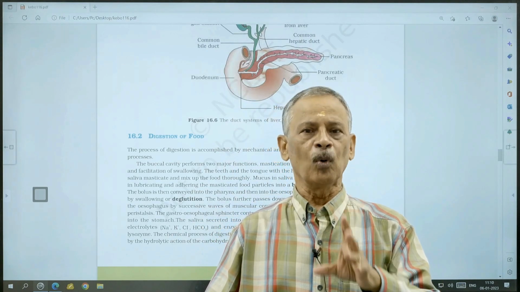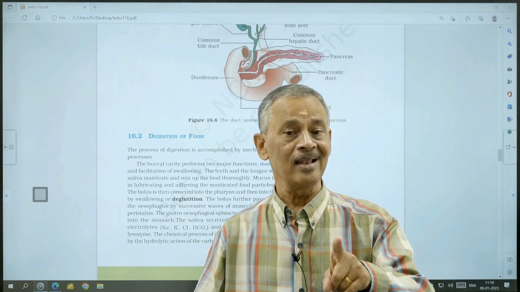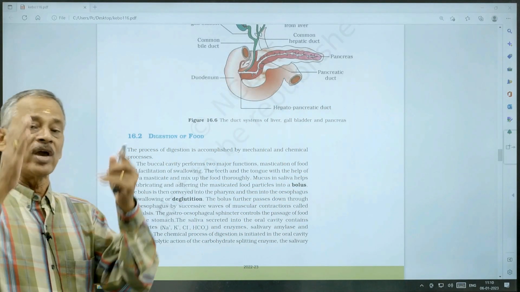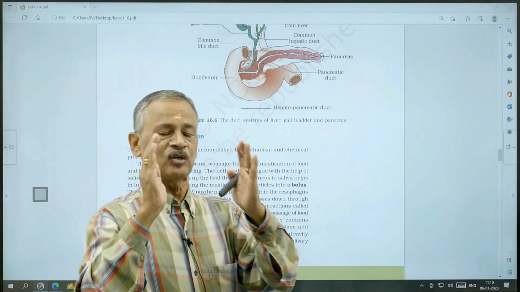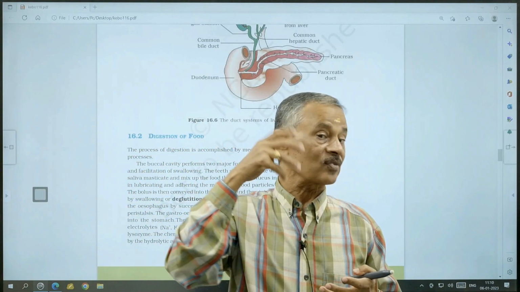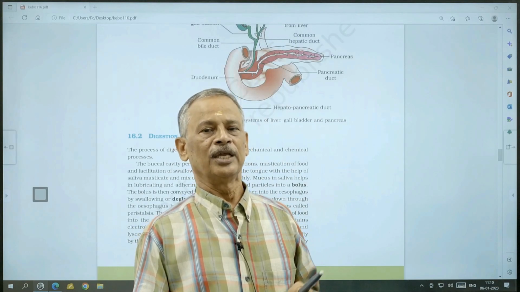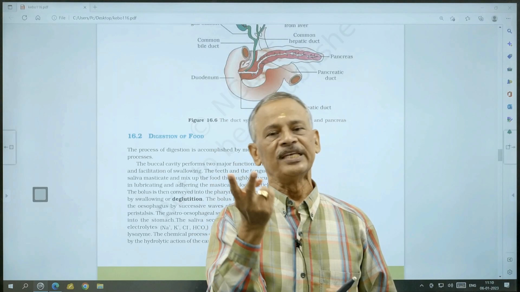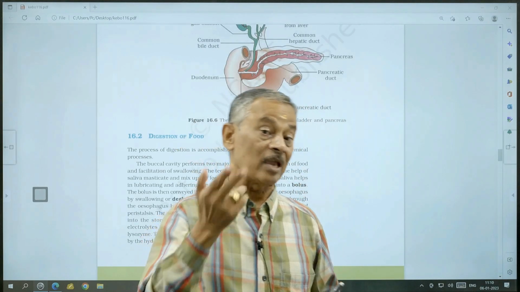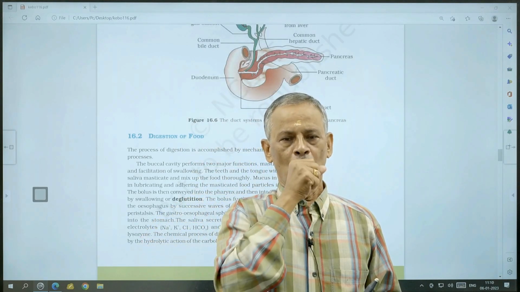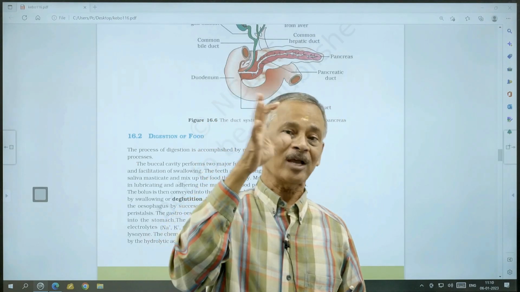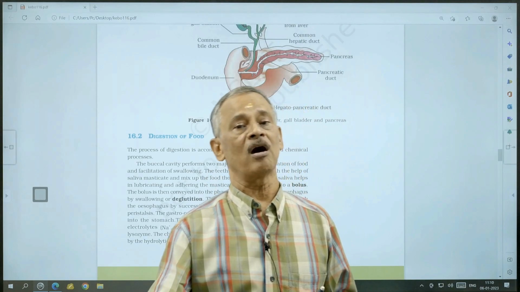Digestion is both mechanical and chemical. In mechanical digestion, we are cutting the food particles into smaller and smaller size so that surface area is increasing. It is only a physical process, whereas in the second part, the chemical digestion, actual breaking of macromolecules into simple molecules is taking place.